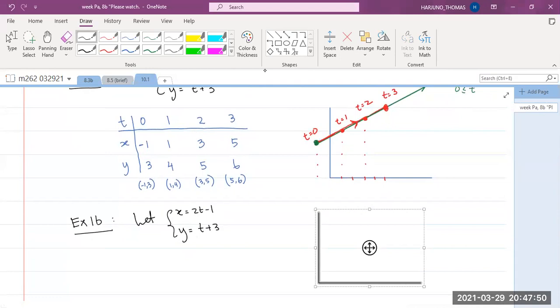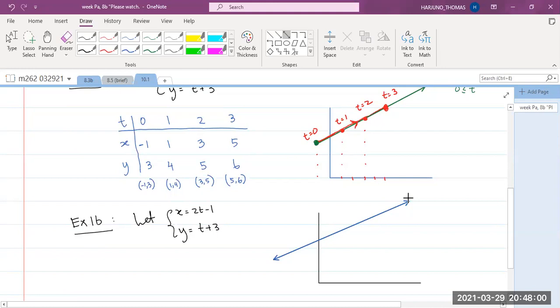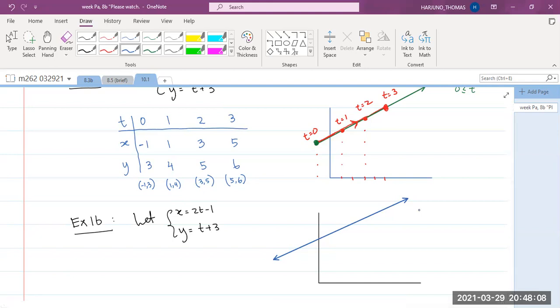basically the same as that, but the line looks like this, maybe, for any t. Now, the second method to get the graph is to eliminate the parameter.